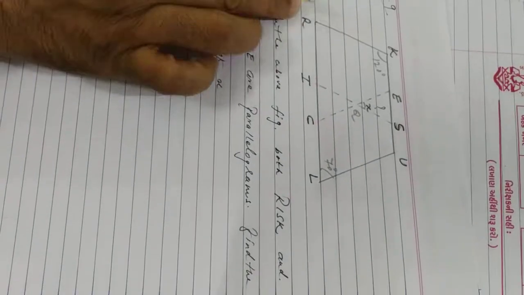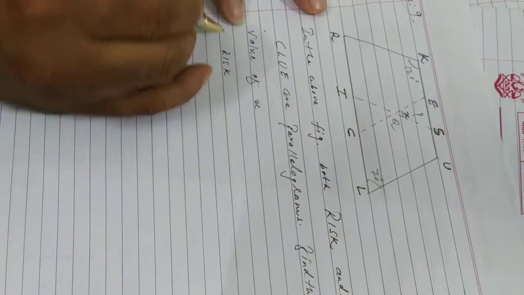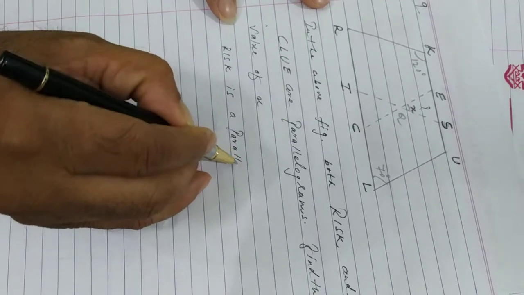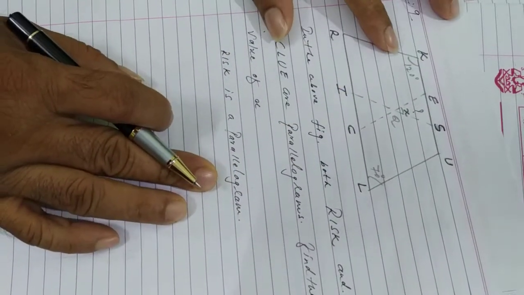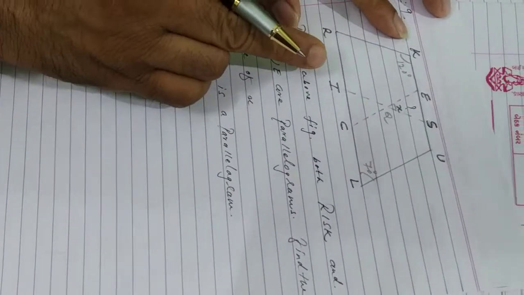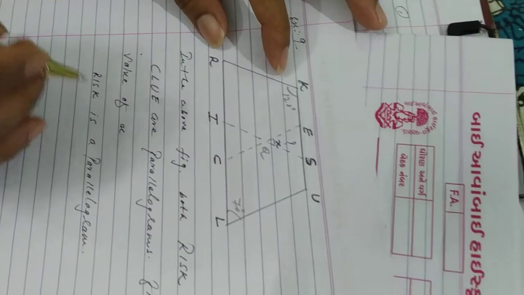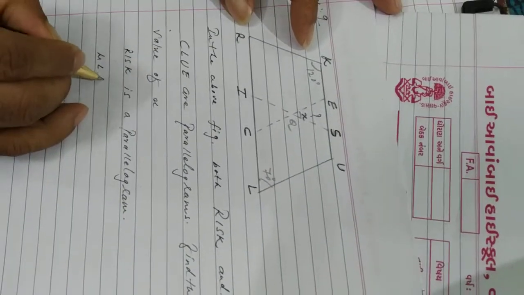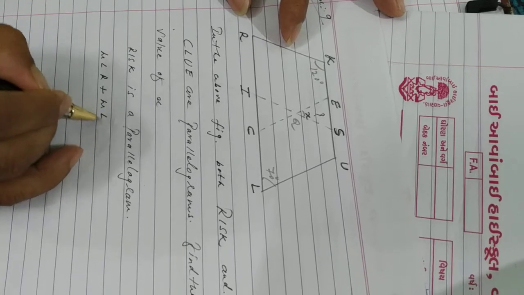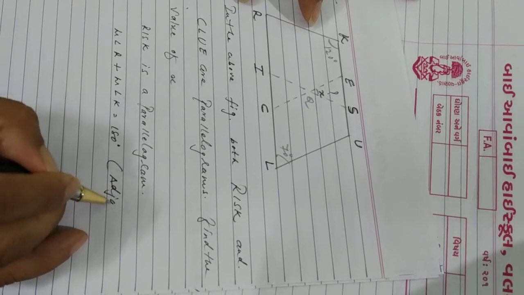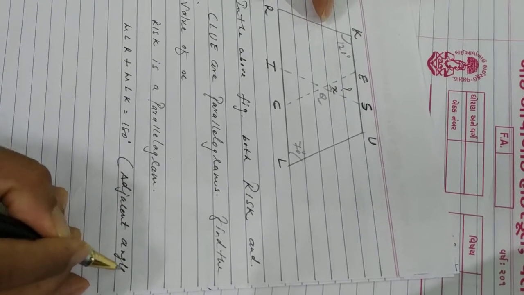Now let's see how to find out. See, first, RISK is a parallelogram, right? So therefore measure angle R is equal to measure angle K. Measure angle R plus measure angle K is equal to 180 degree, because they are adjacent angles.